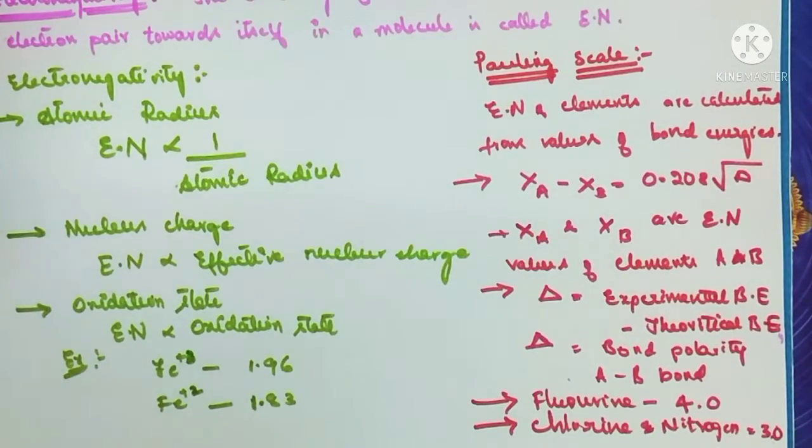Remember that the electronegativity concept is not applicable for inert gas elements. And as I said, electronegativity increases as oxidation state increases, because the attraction for the electron increases as the oxidation number increases.